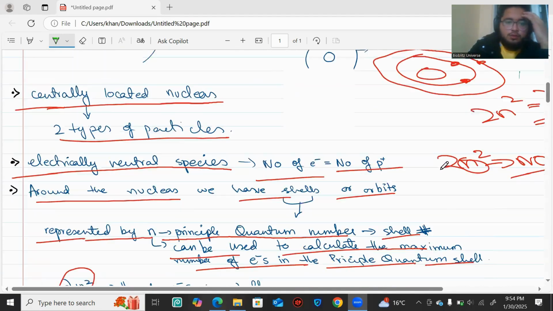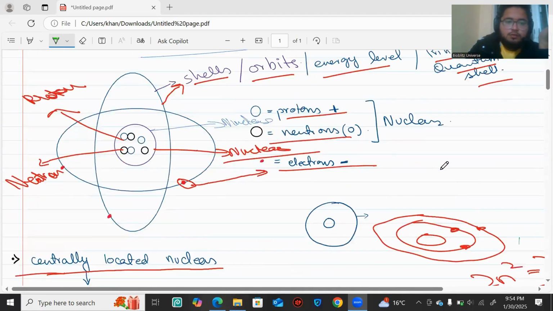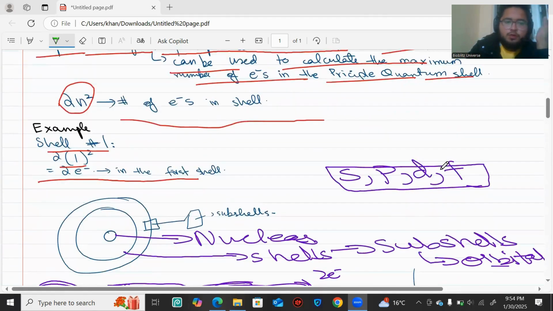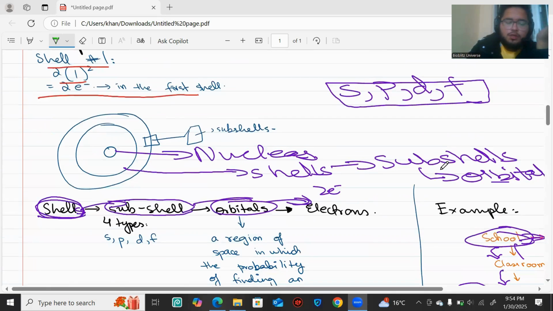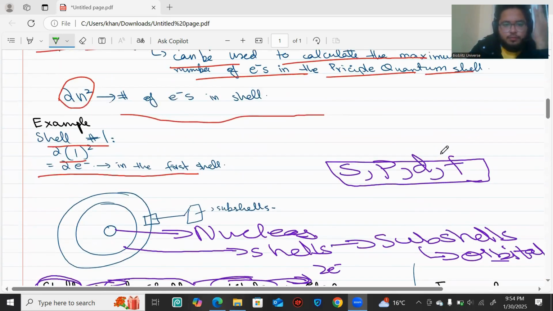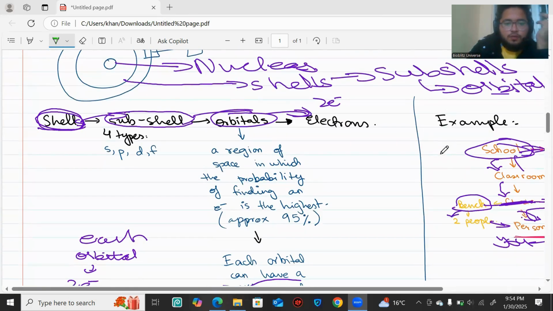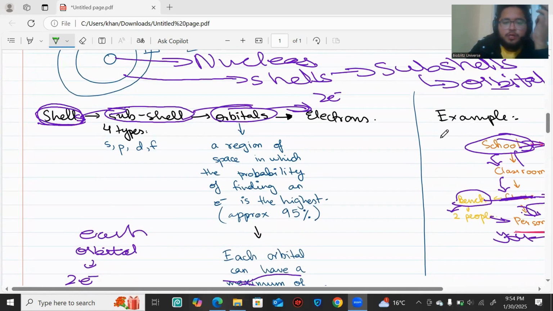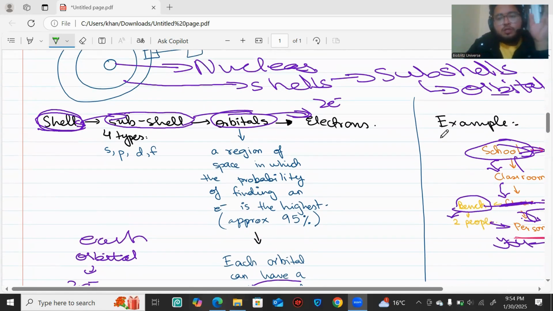Until now we have done the atom, the atomic structure, some properties, then the principal quantum number, then the formula for how many electrons can be accommodated in a shell. Then we have done that a shell has subshells and subshells have orbitals, and in those orbitals electrons can be located. There is approximately a 95% chance that electrons will be there.